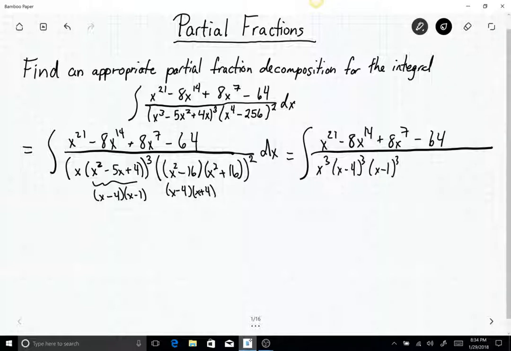In the second part, we'll have an x minus 4, the quantity squared, and then an x plus 4, the quantity squared. And finally, last but not least, we have that x squared plus 16, the quantity squared. And we need a dx sitting right there.